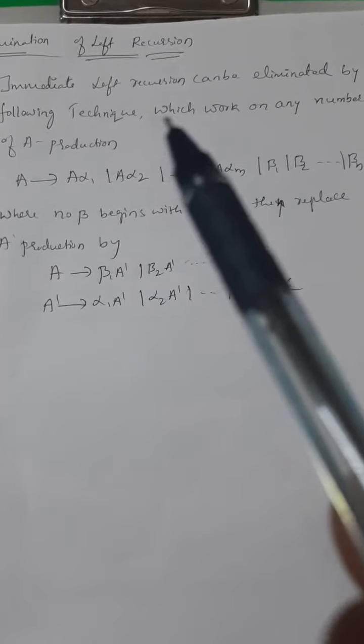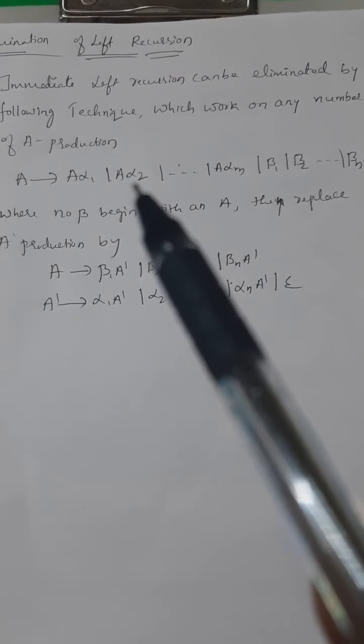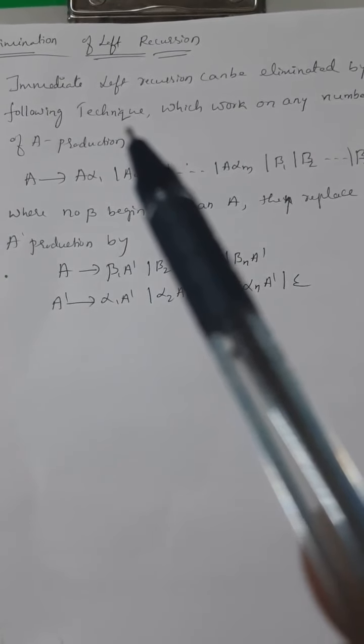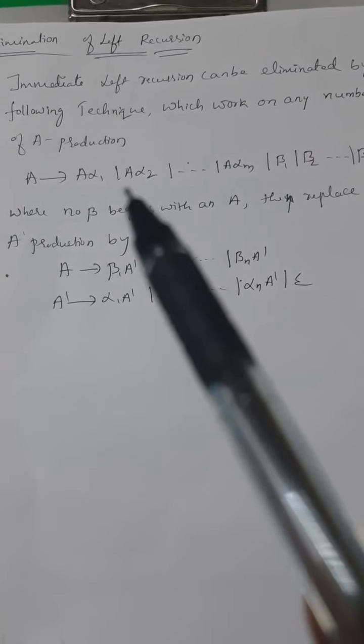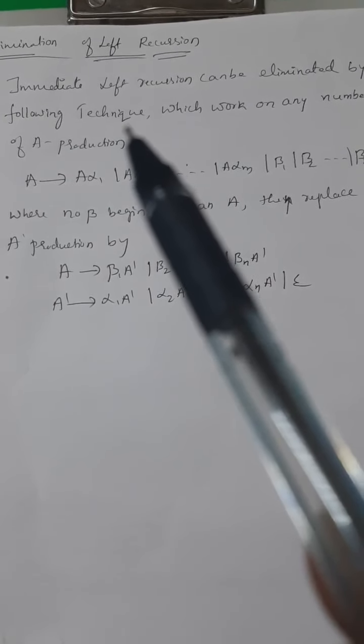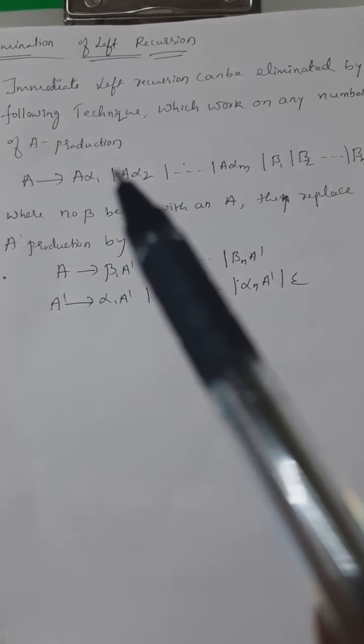So we will eliminate this left recursive production by rewriting the grammar. To rewrite this, we are going to use a formula or technique. Let's see how this technique works on A's n productions.